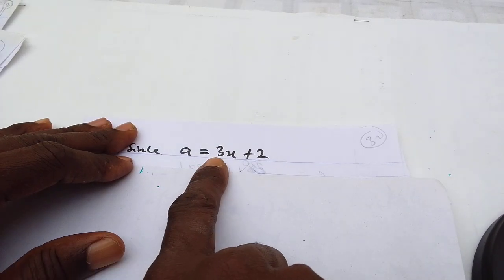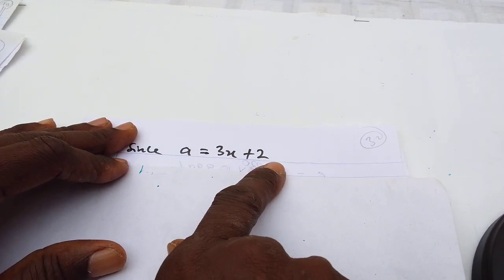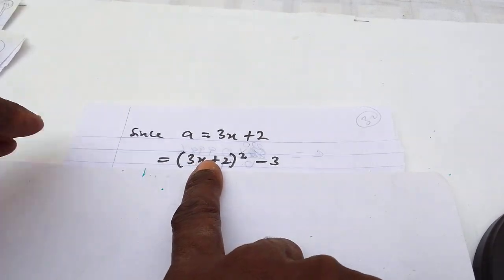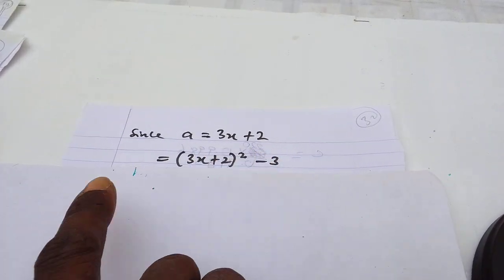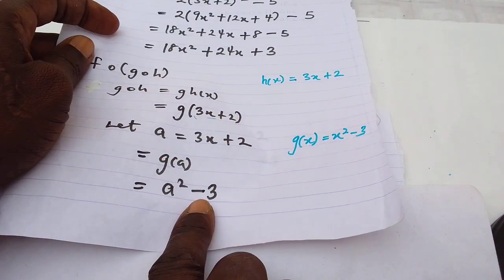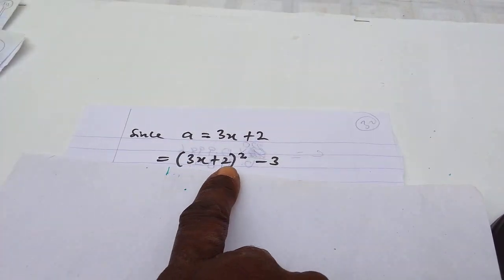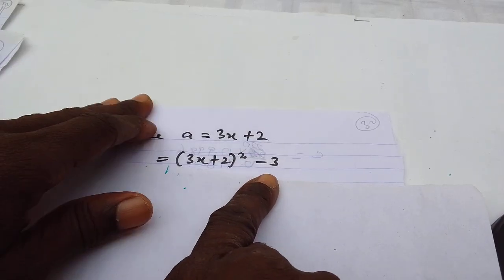Since our a is the same thing as 3x plus 2, where you are having a, you substitute 3x plus 2. In place of a, you are going to put 3x plus 2 squared minus 3.